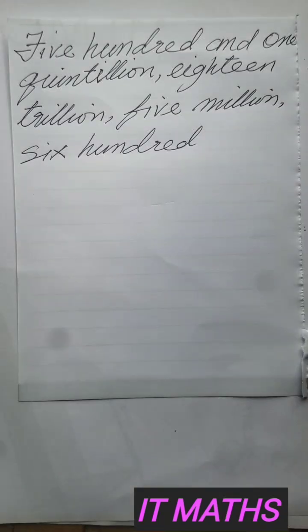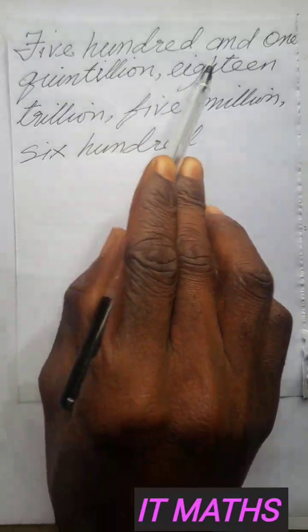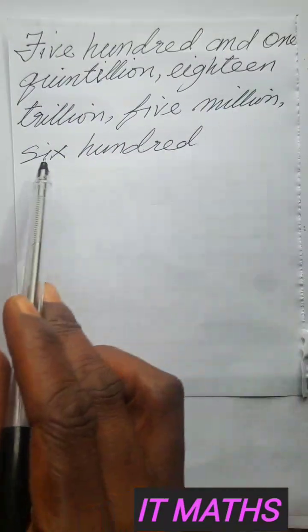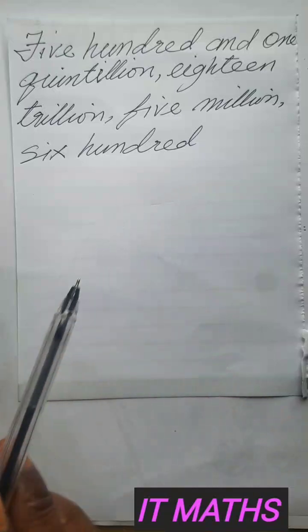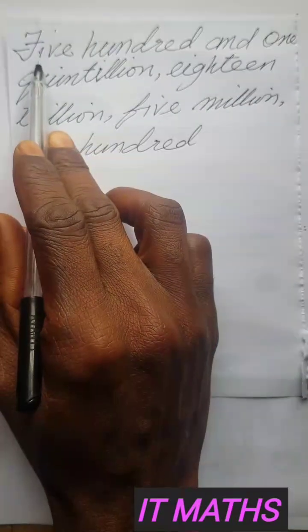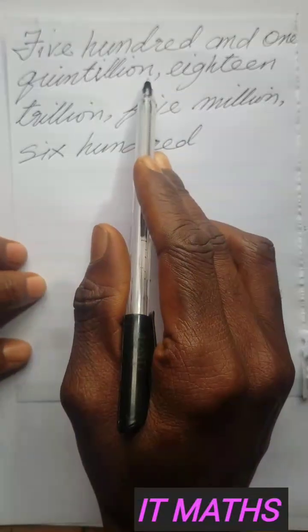Let's look at our last example for today. 501 quintillion, 18 trillion, 5,600,000. Okay, what qualifies a number to be called a quintillion?